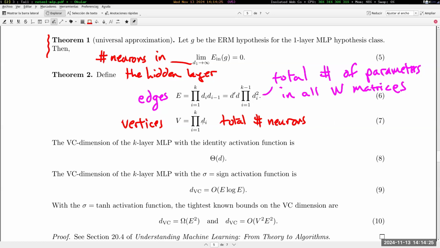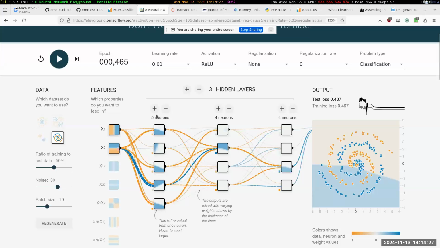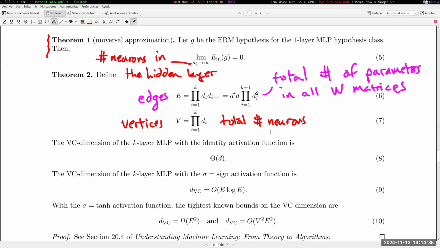So each one of these D sub i's right here, if I go back to the web page, the first D sub 1 would be 5, then D sub 2 would be 4, then D sub 3 would be 4. It's the total number of these neurons multiplied together. It stands for vertices. That's the semantic meaning of what it is.